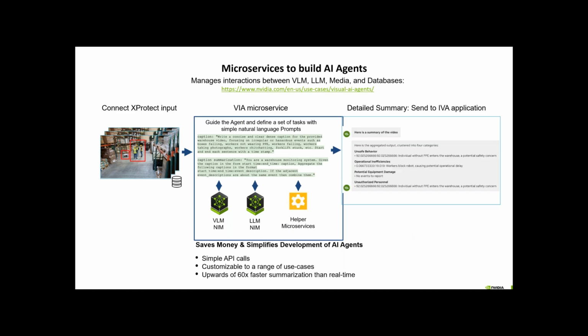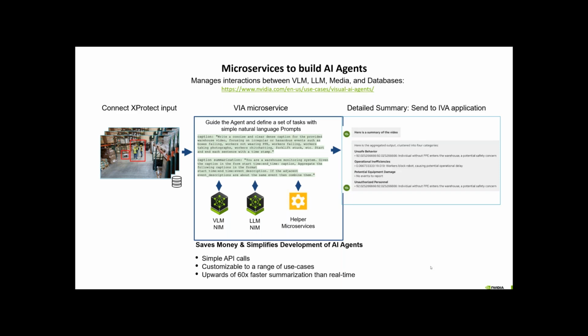There are simple API calls. It is customizable to a broad range of use cases, and it is optimized for NVIDIA GPUs. So you will get more than 60 times faster summarization of the events that are happening in that video. So that's the beauty of the VIA microservice.